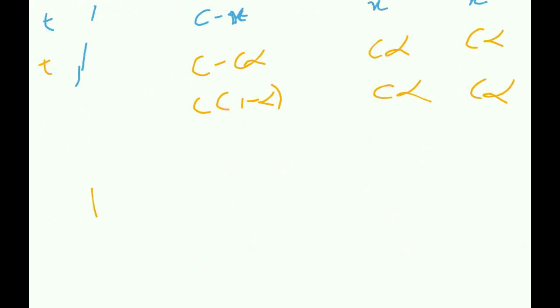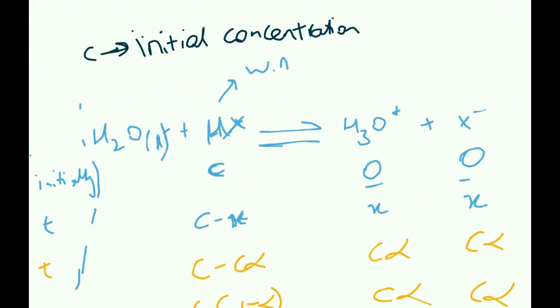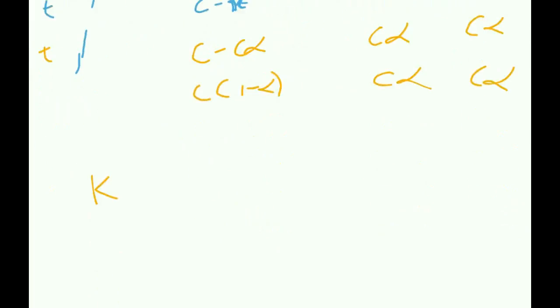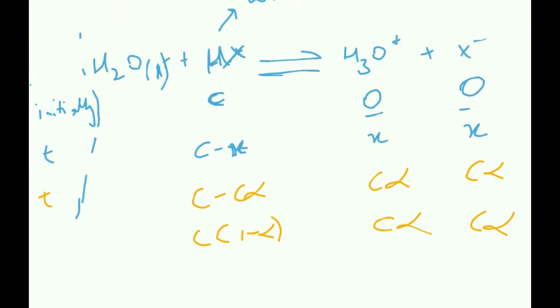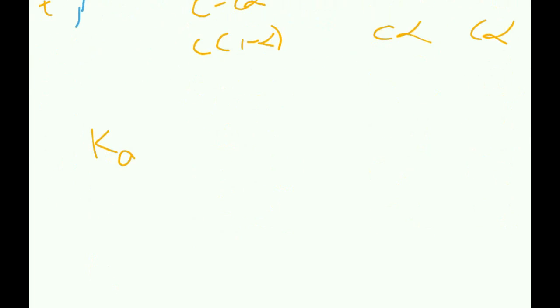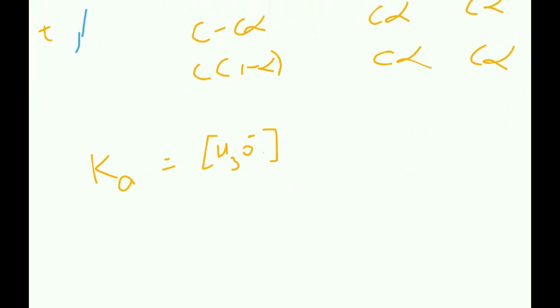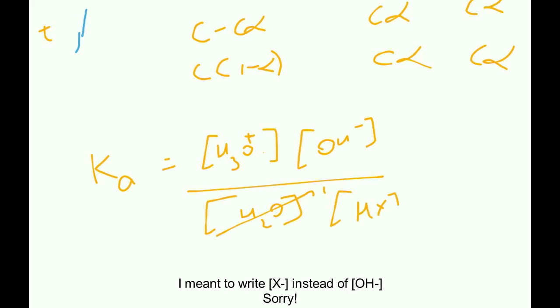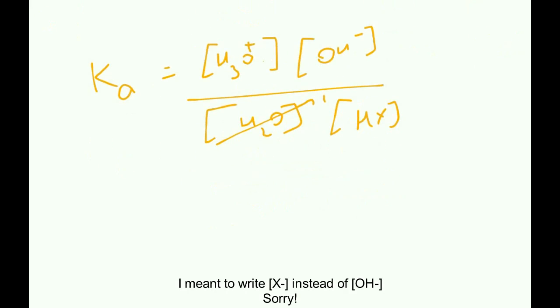If I want to write the dissociation constant, this is an acid, so Ka is going to be the concentration of H3O positive into X negative, divided by the concentration of H2O, which can be taken as unity because it's a liquid, and the concentration of HX. HX is in its aqueous solution, so you take its concentration.